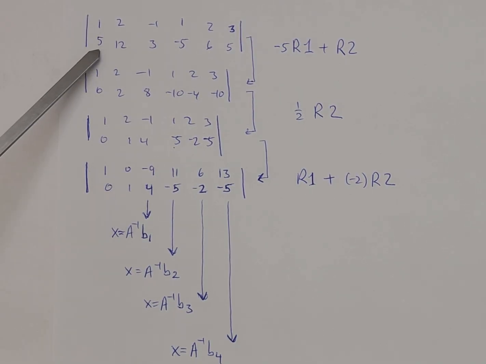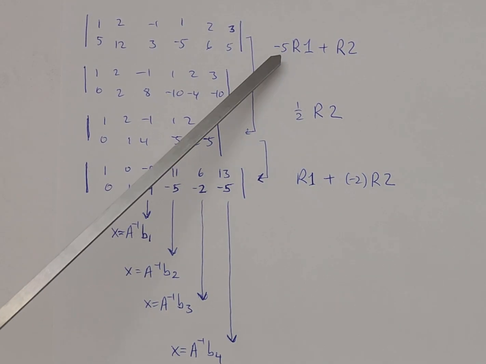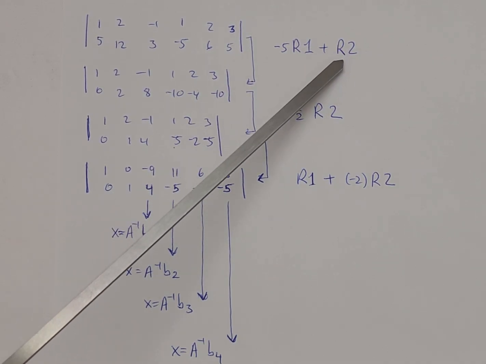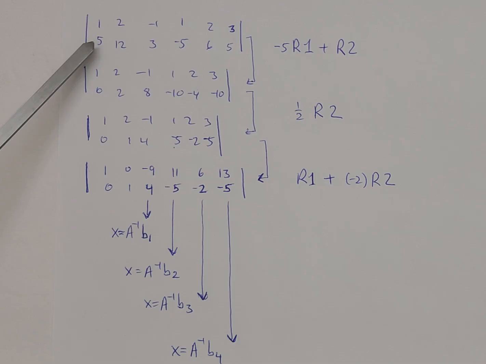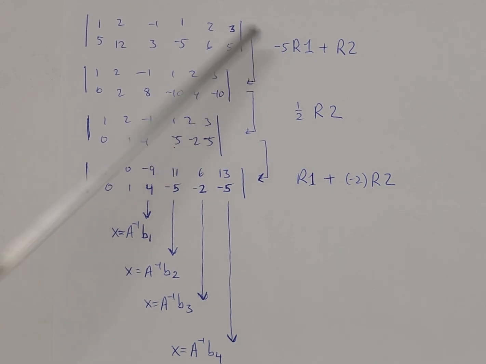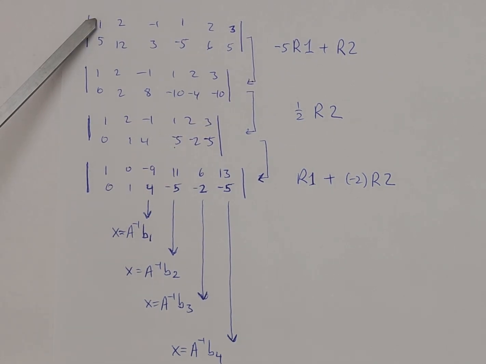We want this 5 to be a 0. So the opposite of 5 will be negative 5. So negative 5 times row 1 plus row 2. So to get 5 to become 0, we do the opposite. Negative 5 times 1 is negative 5.